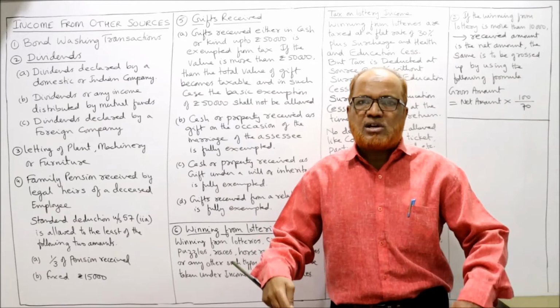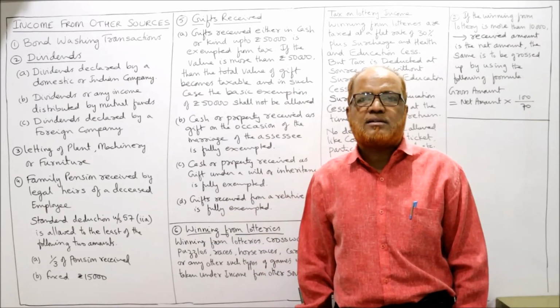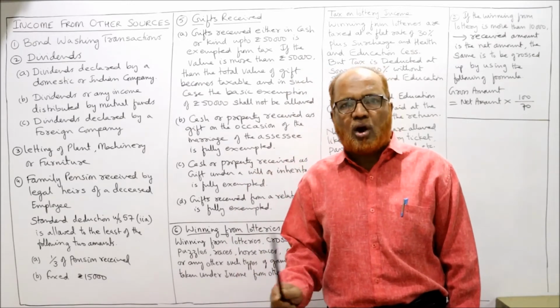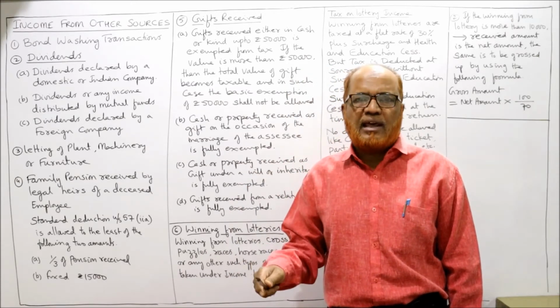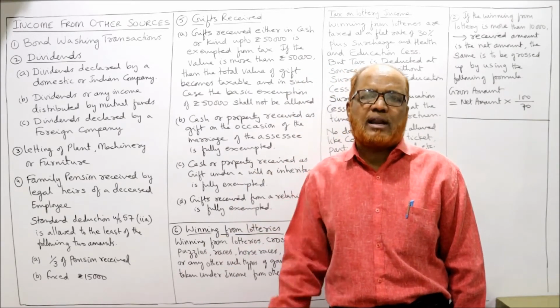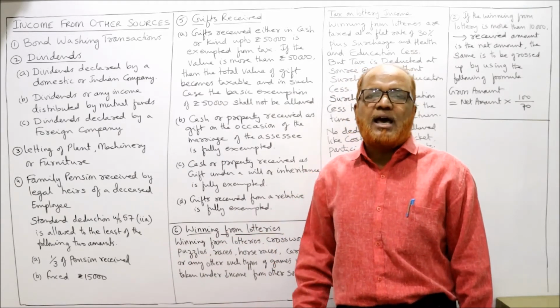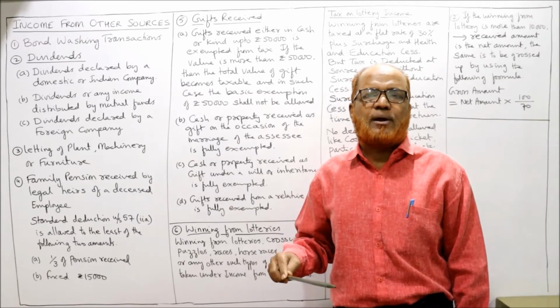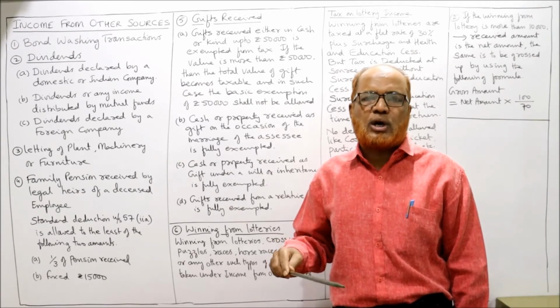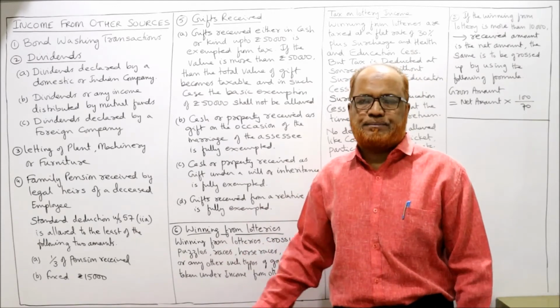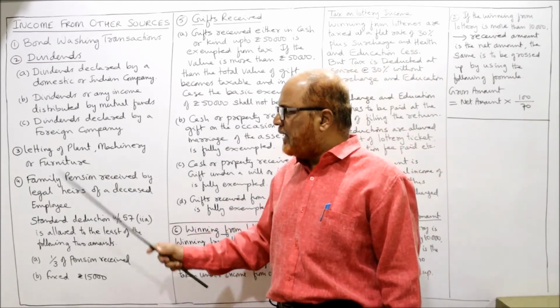If it is the business of the assessee to give on rent, then it will be treated as business income. If it is not his business, but very rarely, sometimes he gives on rent, then it will be taxable under income from other sources. And any expenditure incurred on repairs, insurance, depreciation will be allowed as a deduction from letting of plant.